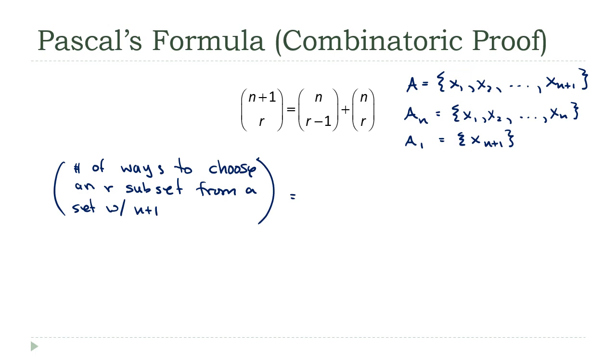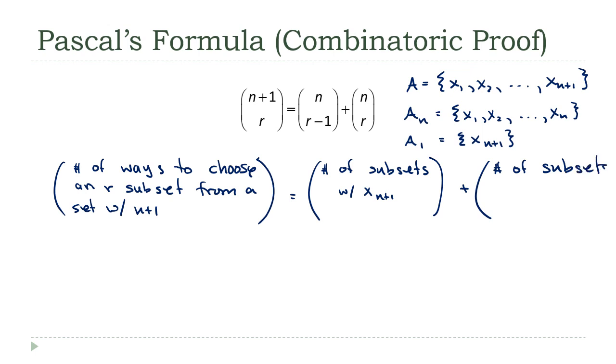Every subset of the original A, the original set with n plus 1 elements, either has x n plus 1 in it or it doesn't. Right? So the number of ways to choose an r subset from a set with n plus 1 elements equals the number of subsets with x n plus 1 plus the number of subsets without x n plus 1.